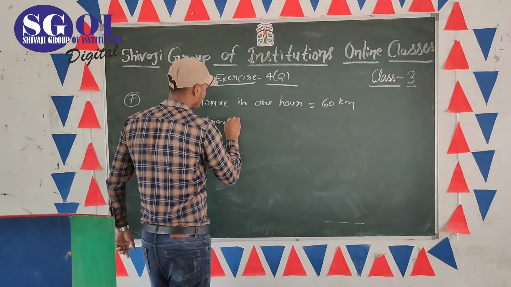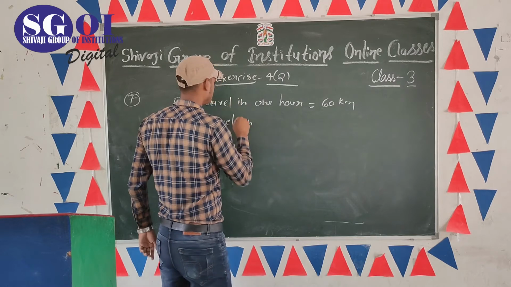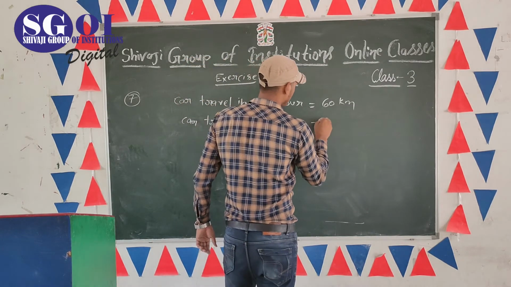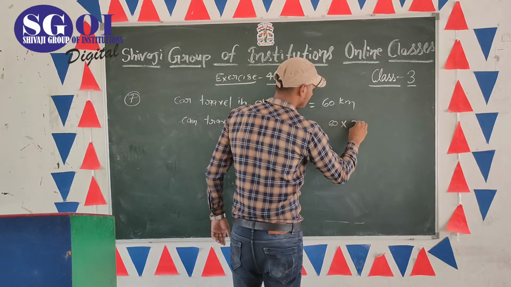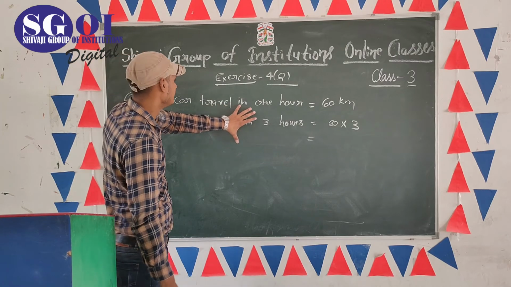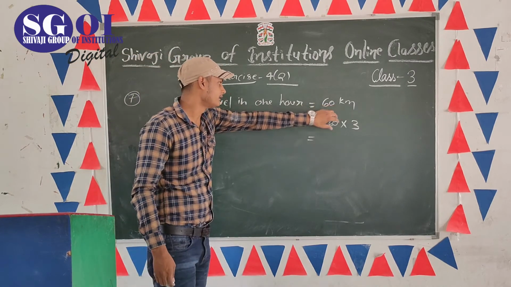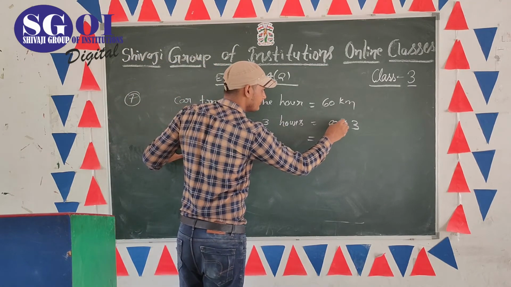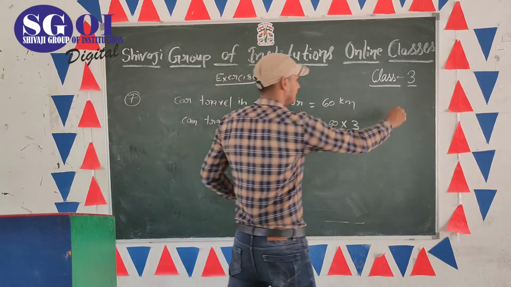Car travel in 3 hours is equal to 60 multiplied by 3. Students, a car can travel 60 km in 1 hour. Car traveling 3 hours is equal to 60 multiplied by 3.